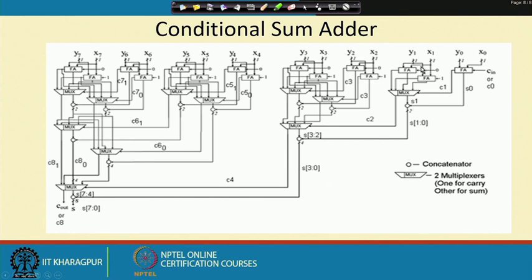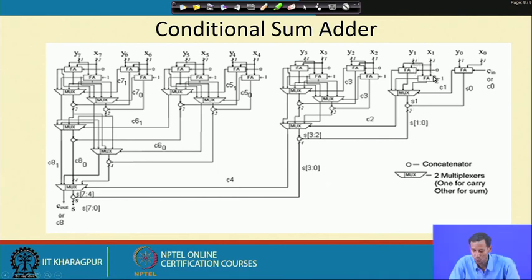Then for y1 and x1, you see there are two full adders, and these two inputs are shared among them. One full adder cell computes considering the carry input bit 0, and another full adder cell computes the sum and carry considering the carry input bit of 1.